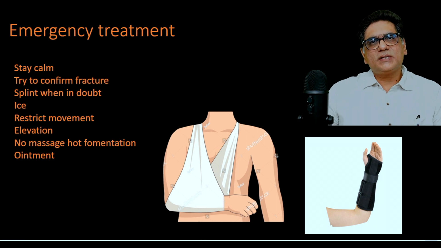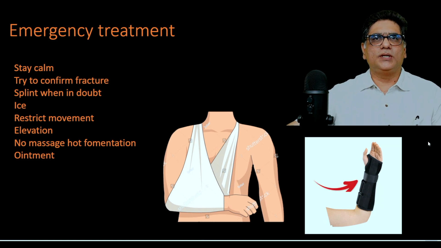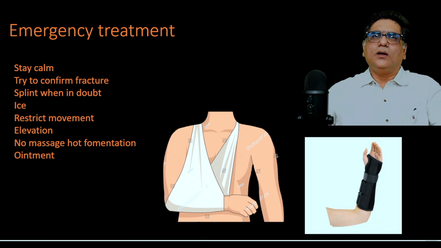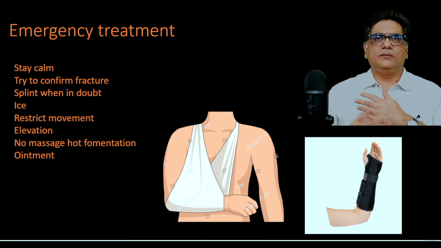Now, what is the emergency treatment? The most important thing is to stay calm and splint the fracture. A splint is a temporary support to the fracture. If available, a forearm wrist brace as shown here should be applied and the arm kept in a sling. Only a simple sling can also be applied.